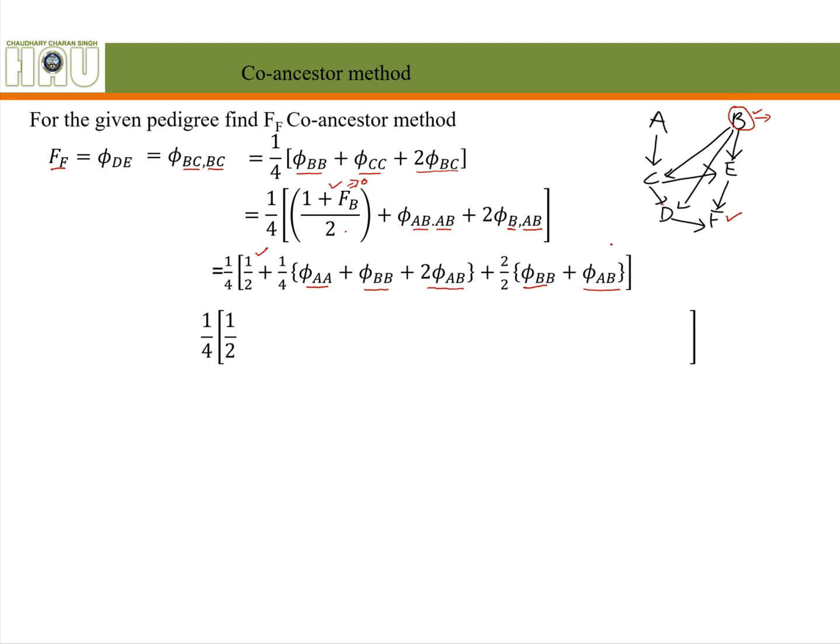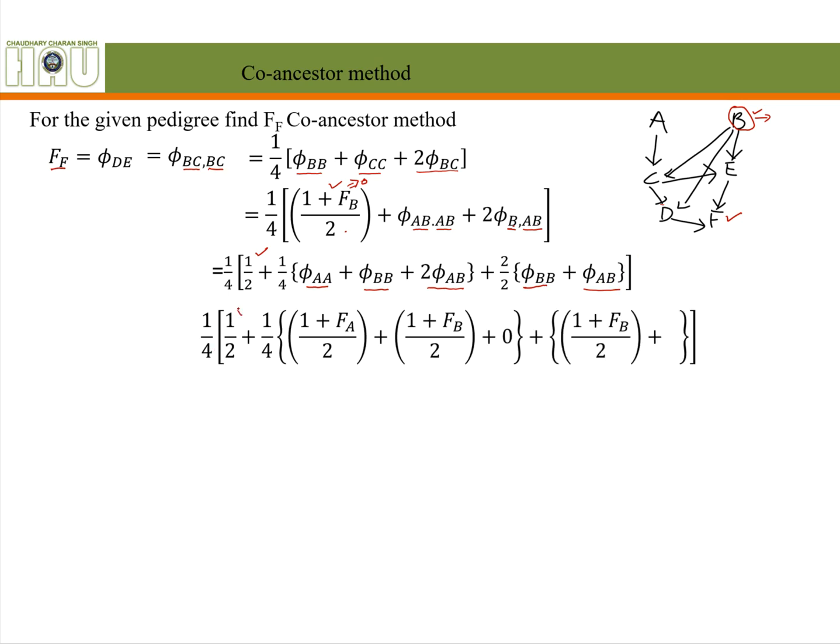And if you simplify it further, it is 1 by 4, 1 by 2. Now phi AA can be written as 1 plus FA by 2. Phi BB can be written as 1 plus FB by 2. And phi AB, there is no common ancestor of these two, so it is 0.